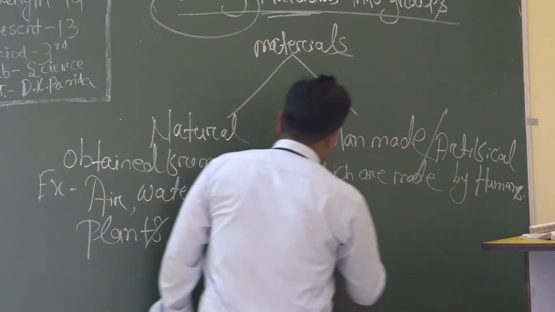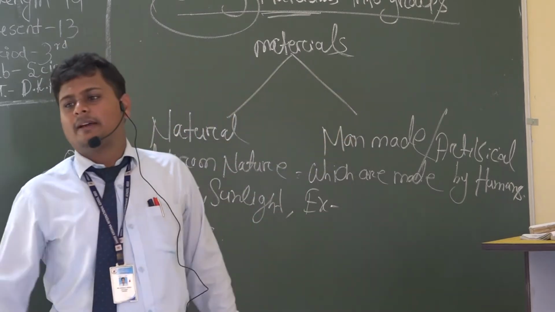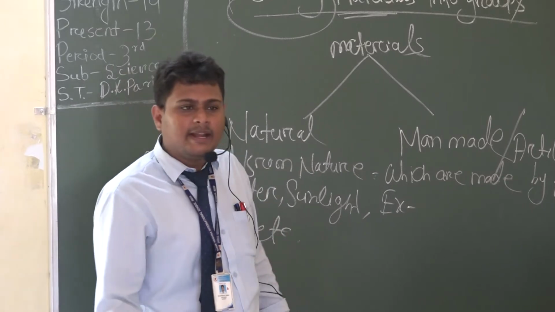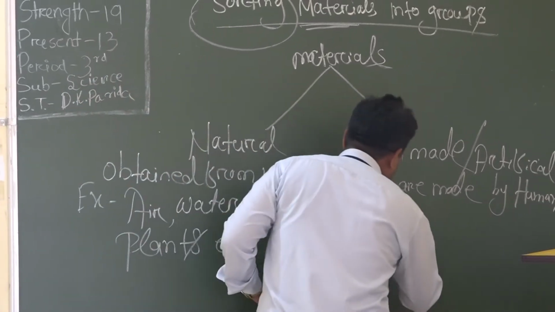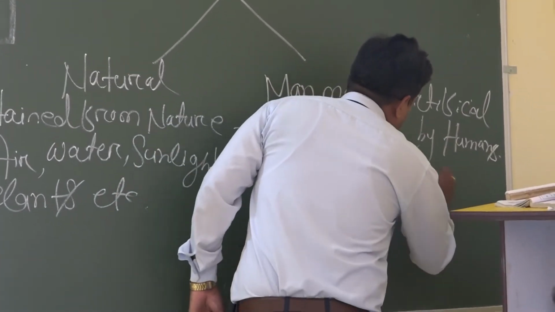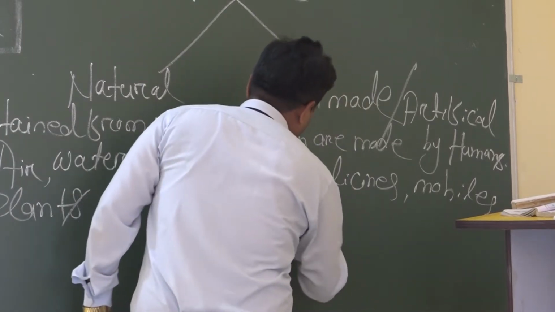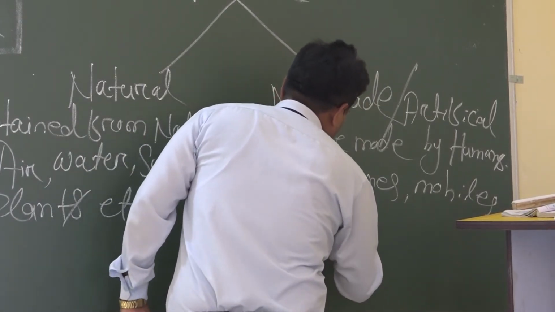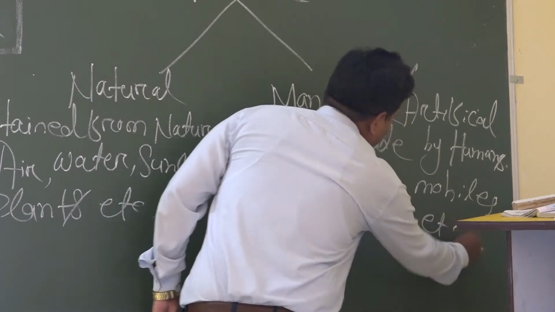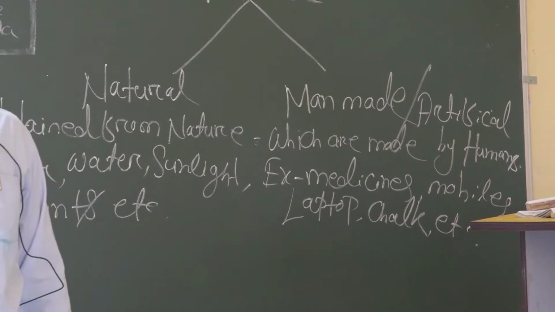Okay, so what are the examples? Tell me some examples of artificial or man-made things. Medicines, very good. You are using most of the time mobile phones, laptop, chalk, okay, etc. So most of the things we have manufactured, we have prepared.